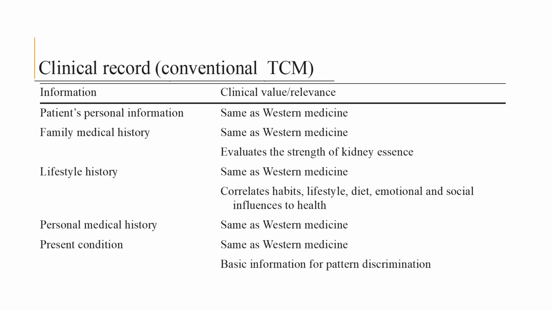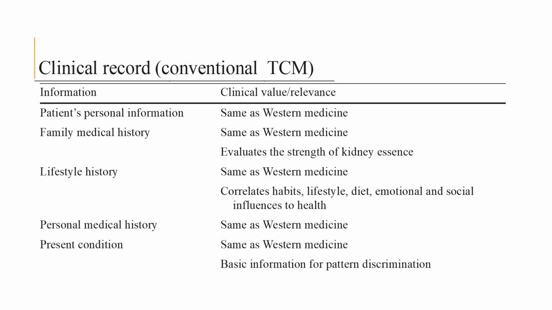The patient's personal information, the clinical value or relevance, the same as Western medicine. For the family medical history, same as Western medicine, it evaluates the strength of kidney essence.